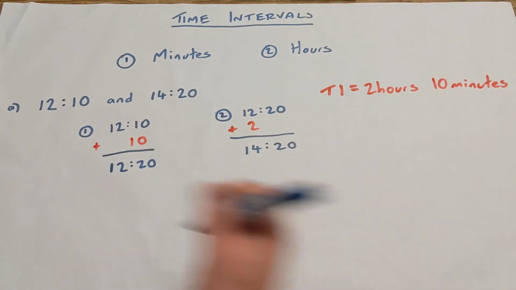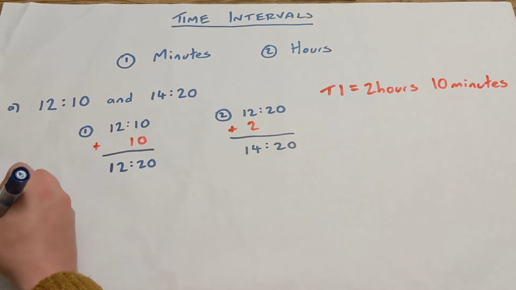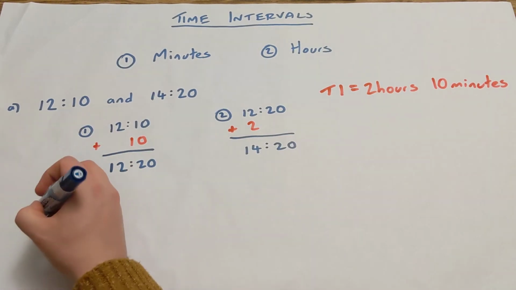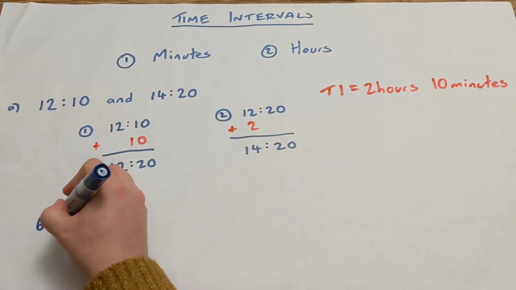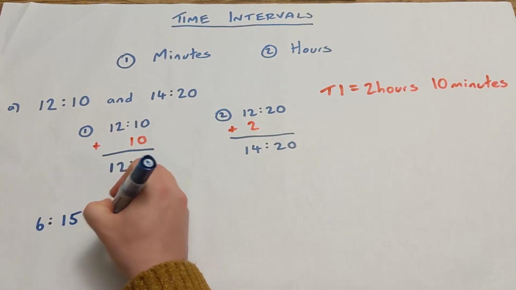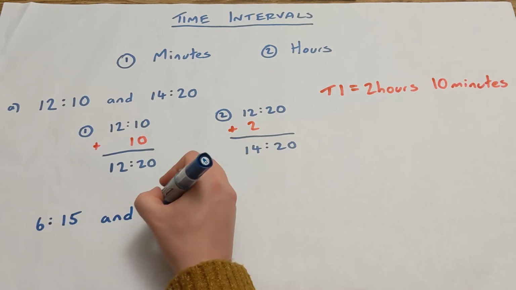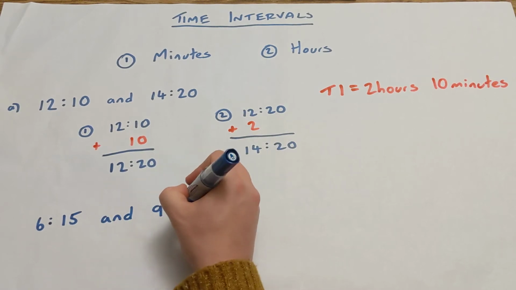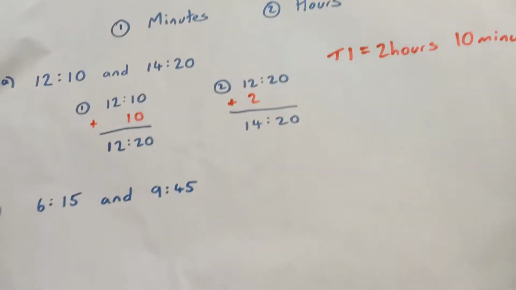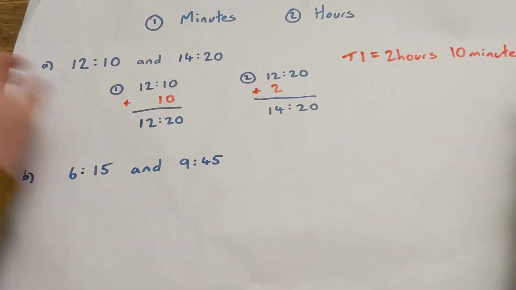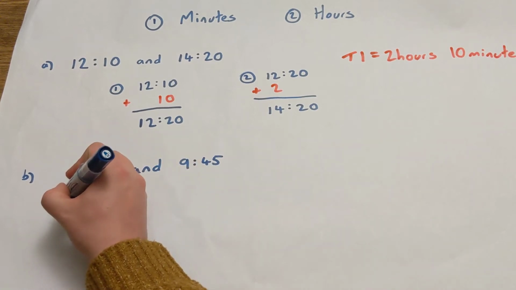Next one, let's say I want to work out what the time interval is between 6:15 and 9:45. Let me just move this up. So, let's start with dealing with the minutes.